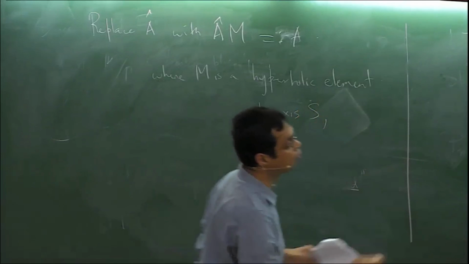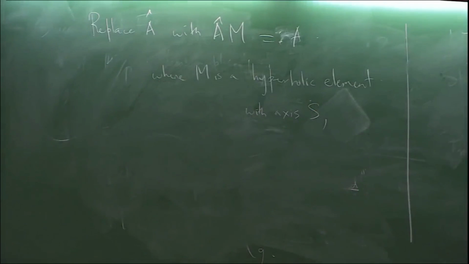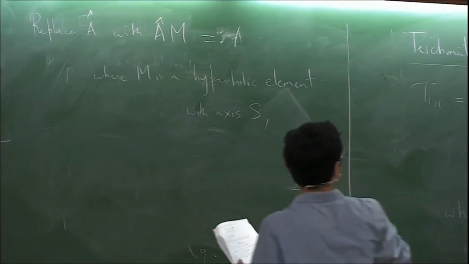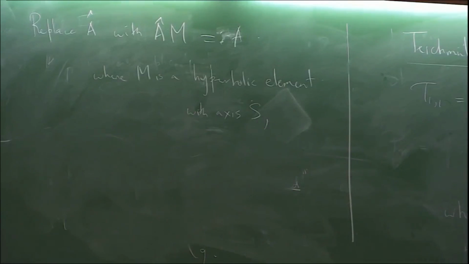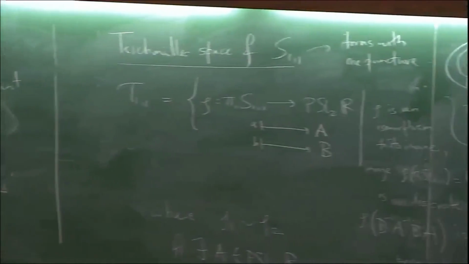Remember that hyperbolic elements acted by dilations, and there was always an invariant axis between the two fixed points in the boundary, some geodesic which it fixes, so it translates along this geodesic.